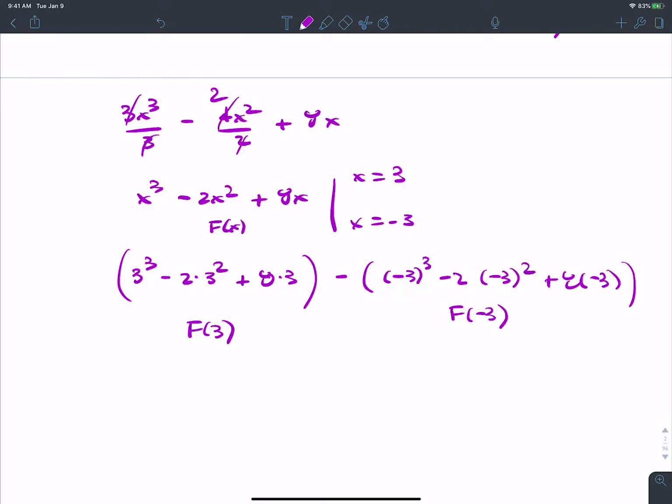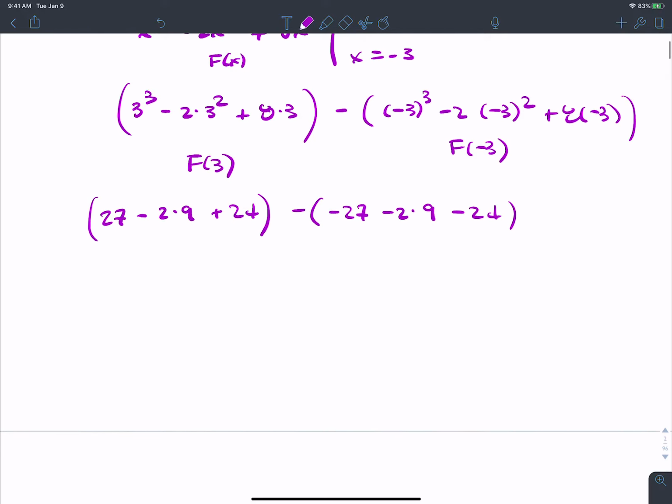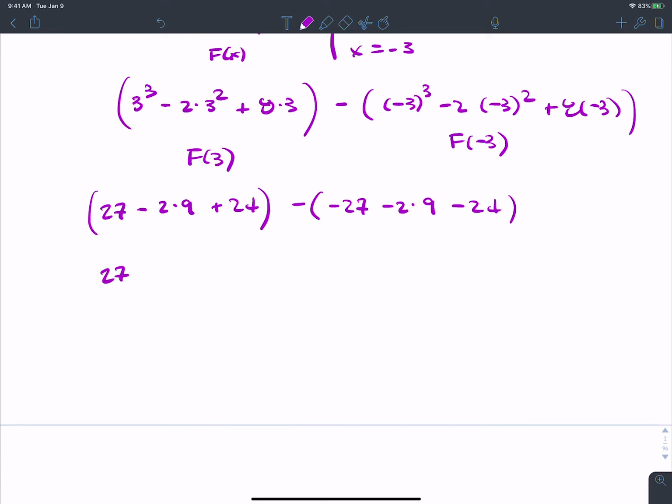So double check to see if we made any mistakes here. So now you get 27 minus 2 times 9 plus 24 here, minus, that's -27, minus 2 times 9 again, minus 24. So we'll have 27 minus 18 plus 24, okay?